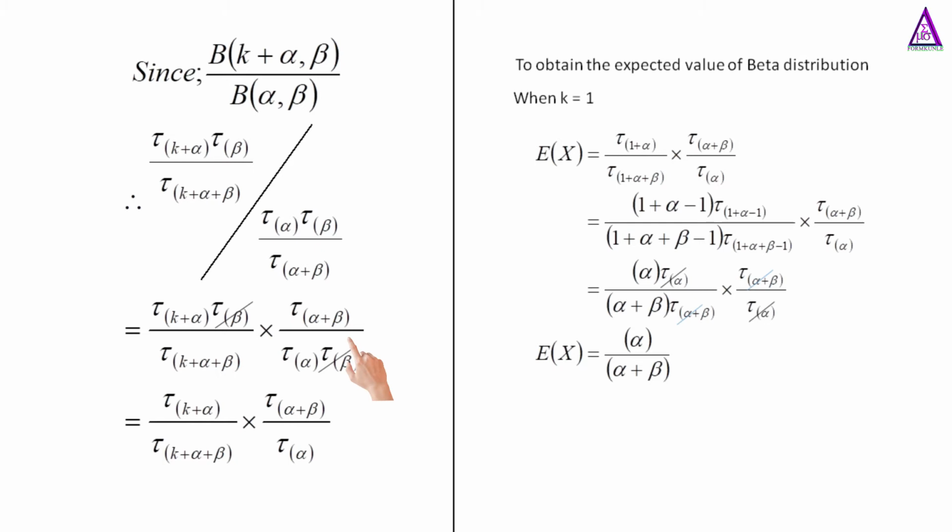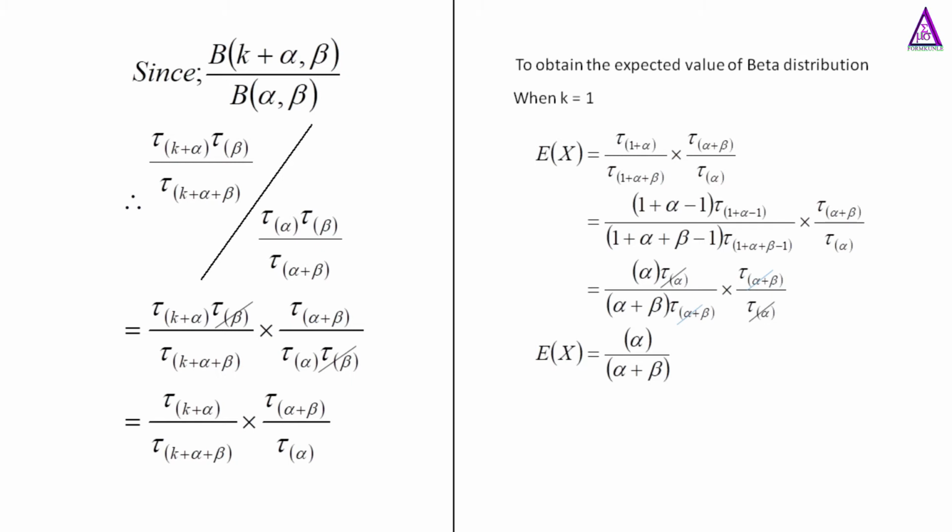And we know that this gamma of beta can cancel this gamma of beta, and we are left with gamma of k plus alpha divided by gamma of k plus alpha plus beta multiplied by gamma of alpha plus beta divided by gamma of alpha. To obtain the expected value of the beta distribution, we let our k equal to 1.